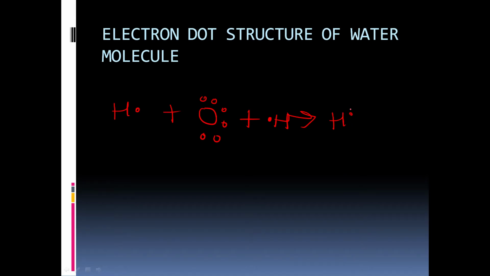Wait, I'm going to represent the hydrogen's electrons by a cross. Let me just change it so that you all can understand what's happening. This is oxygen's 2, 4, and 1 it will be having here.